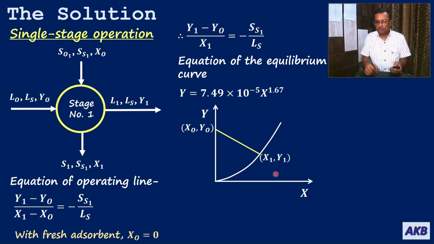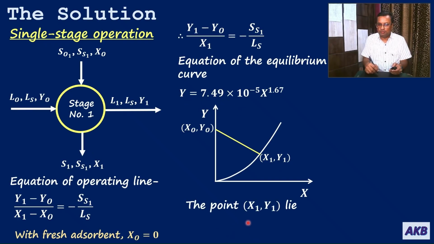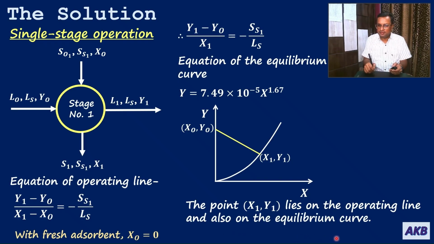What I want to tell you is that the point x1, y1 lies on the operating line, and at the same time it lies on the equilibrium curve. Therefore it should satisfy the equation of the equilibrium curve. Therefore you have this equation, capital Y1 is equal to 7.49 into 10 to the power minus 5 x1 raised to 1.67. Let us move ahead.